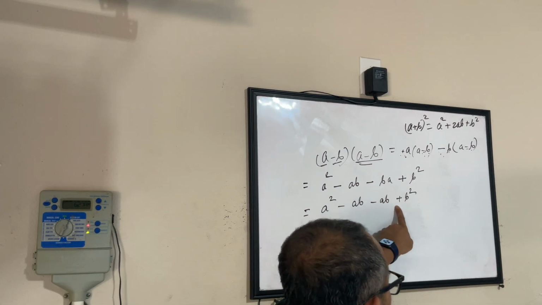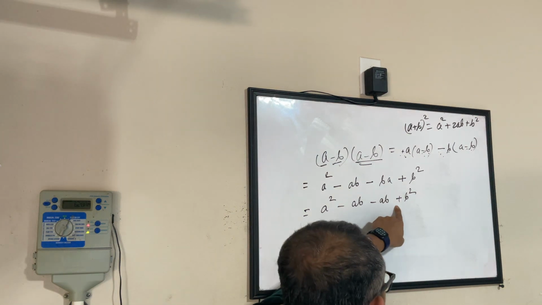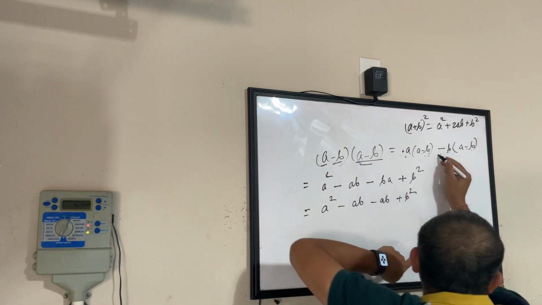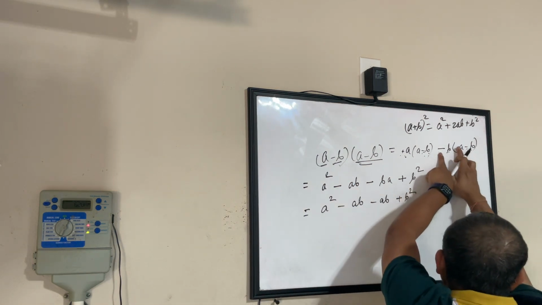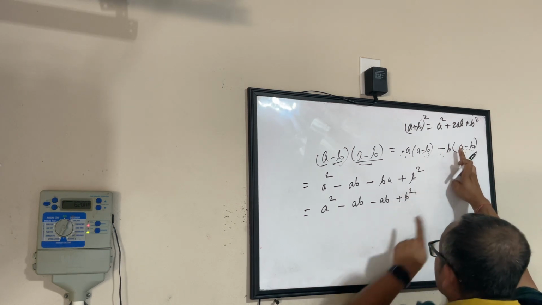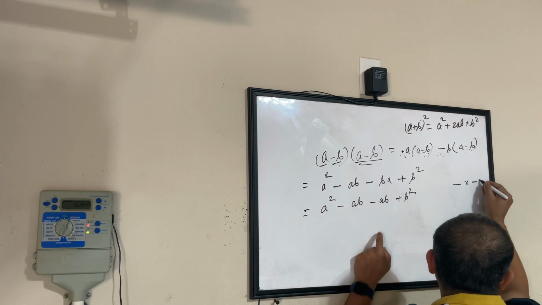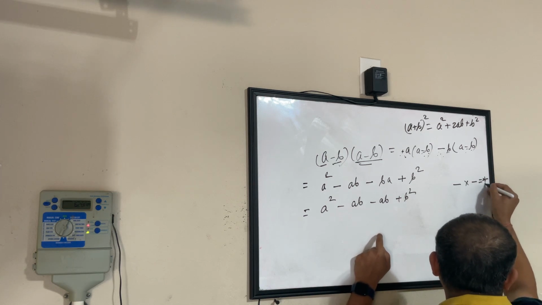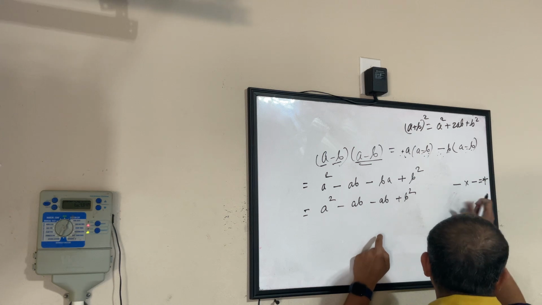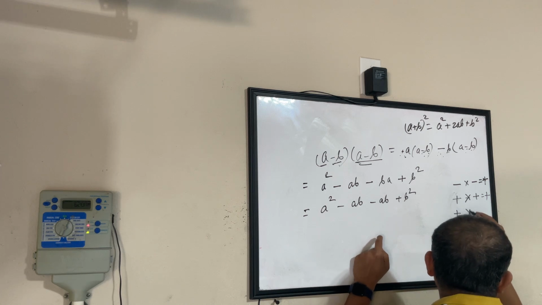Some of you got a negative in B square. And that is where I want you to be careful. When you are multiplying this guy with this guy, when you don't have a sign, that means you have a plus sign. So minus into plus is always a minus. Meaning if the signs are same, minus into minus gives you a plus. If the signs are same, plus into plus gives you a plus. If the signs are different, you will get a minus.